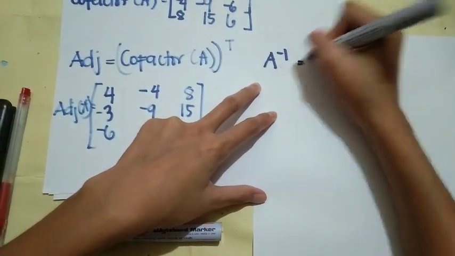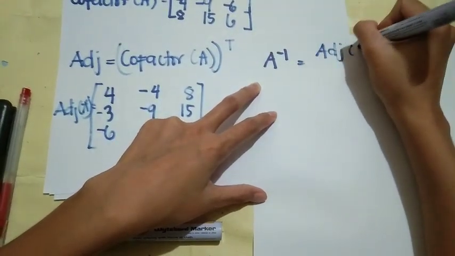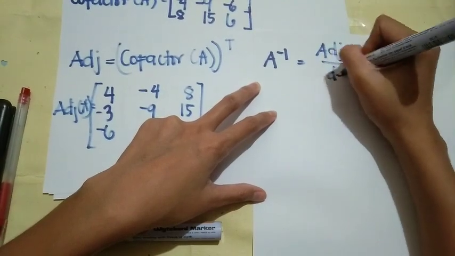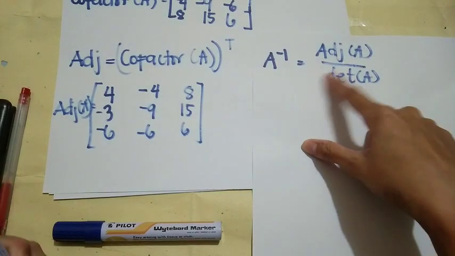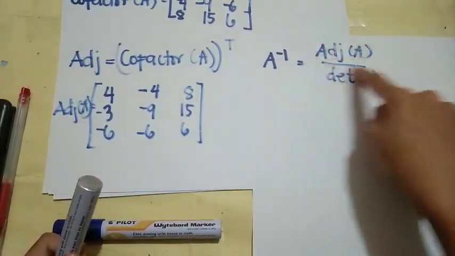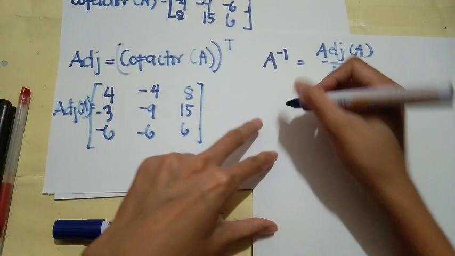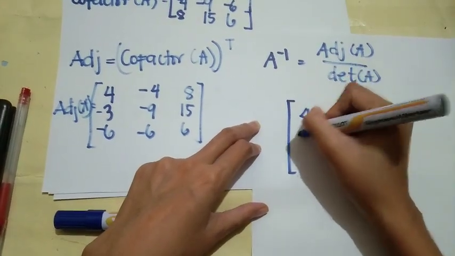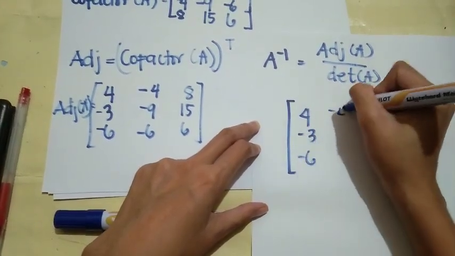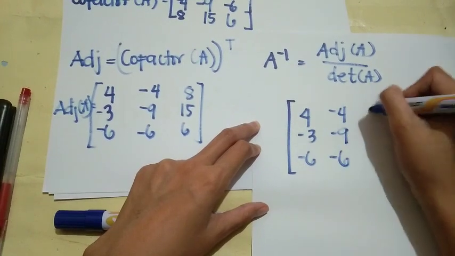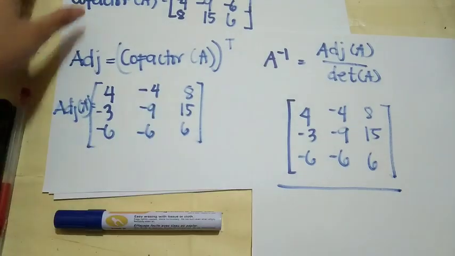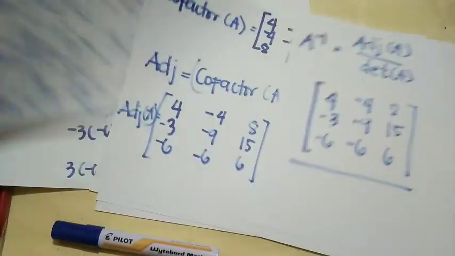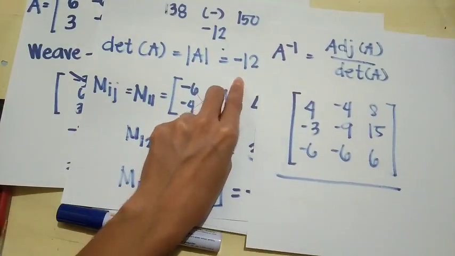In order to get the inverse, we have the adjugate of A over the determinant of A. The adjugate A is 4, negative 3, negative 6, negative 4, negative 9, negative 6, 8, 15, 6, all over the det A. What was our det A earlier? Our determinant earlier is negative 12.